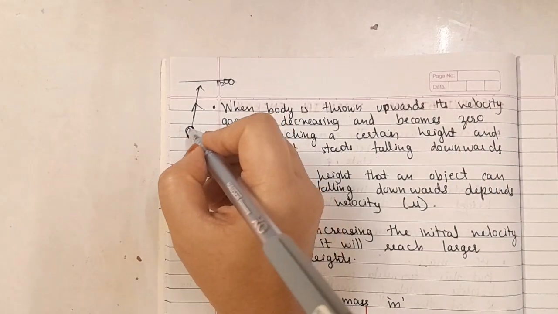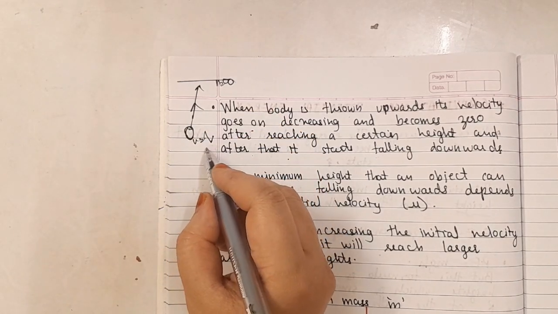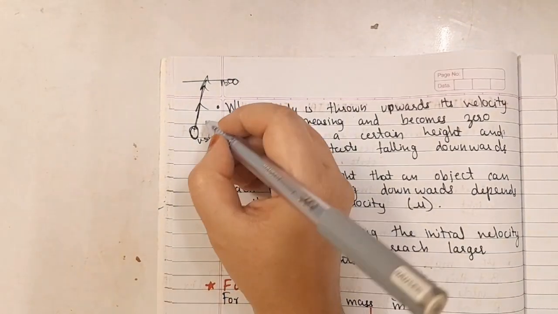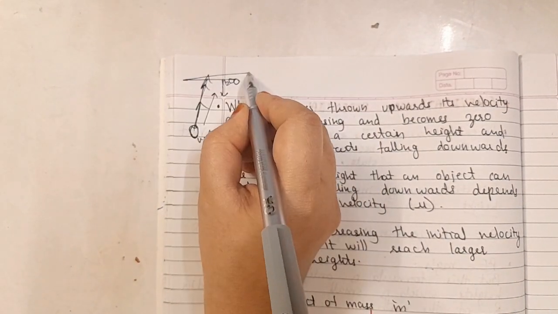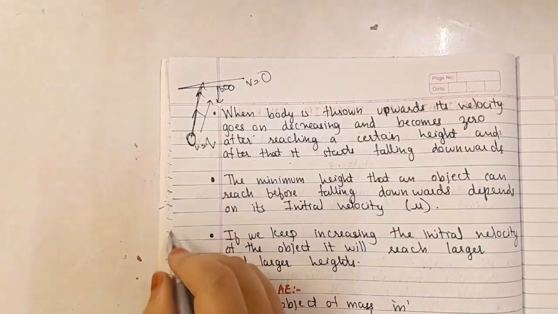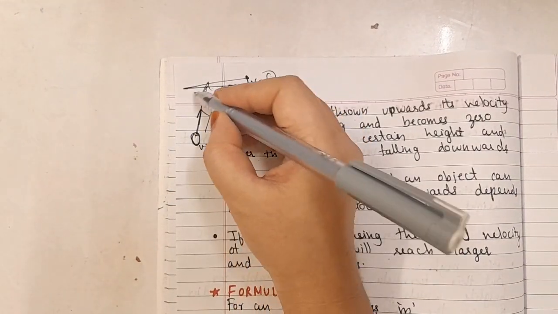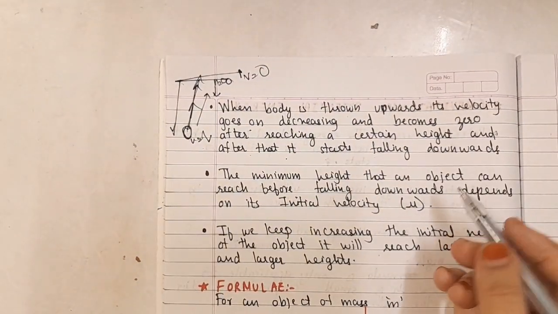Now as we provide the maximum initial velocity, the object is thrown in the upward direction, so its velocity will decrease, and after reaching a particular height its velocity will be equal to 0, and after reaching this point the body will again start falling in the downward direction just because of gravitational force, okay.